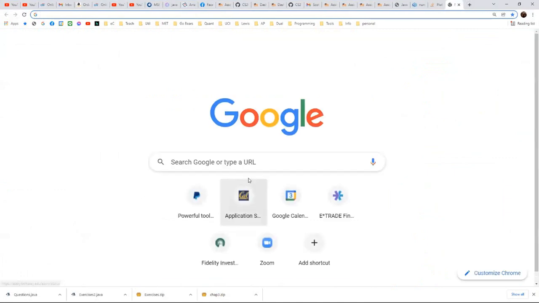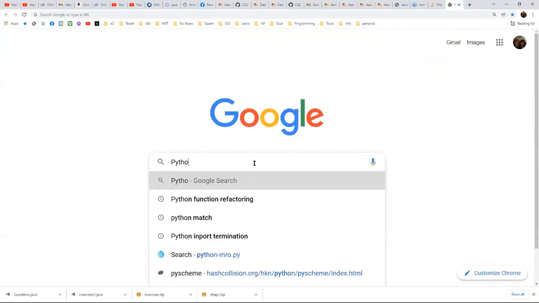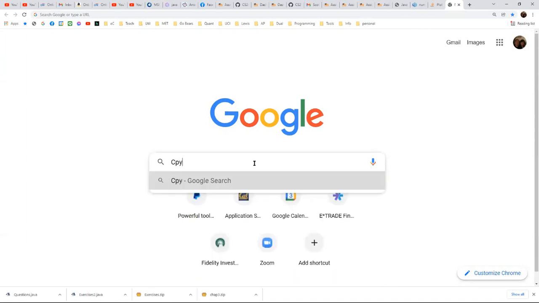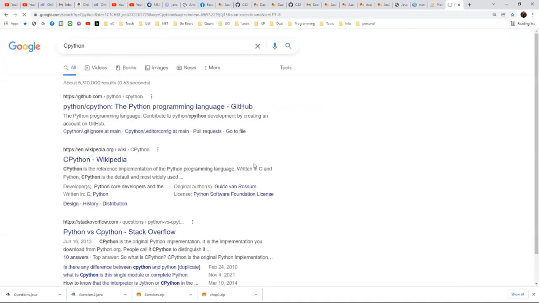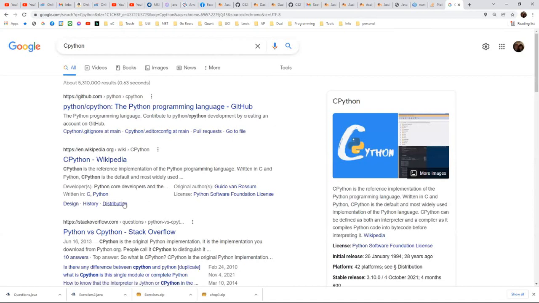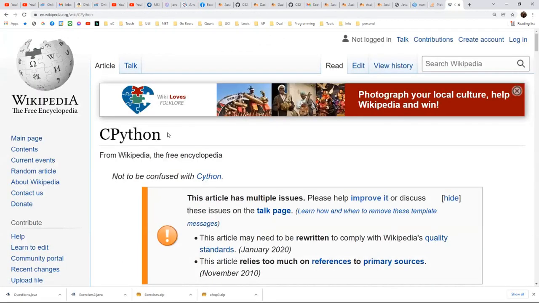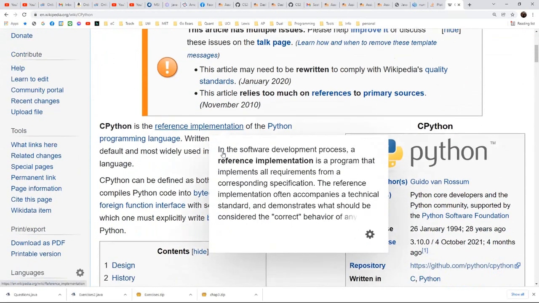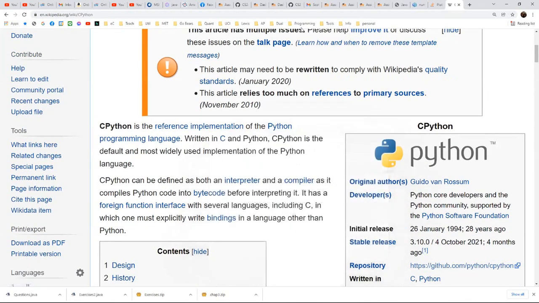Okay, so Python. This number one is something called CPython. There's one program called CPython. What's the difference between CPython and Python? Do you know? No. CPython is still Python.